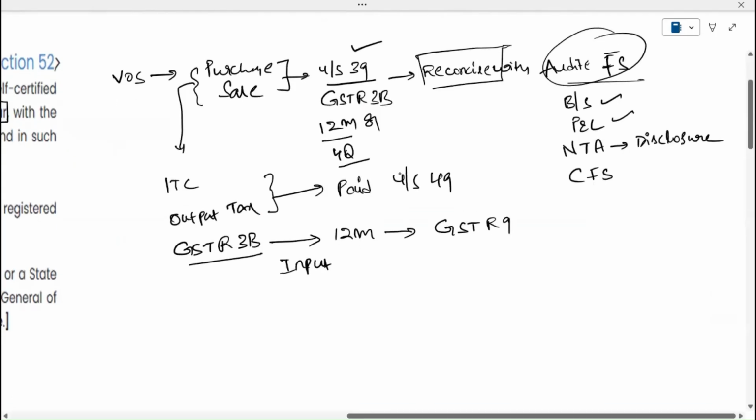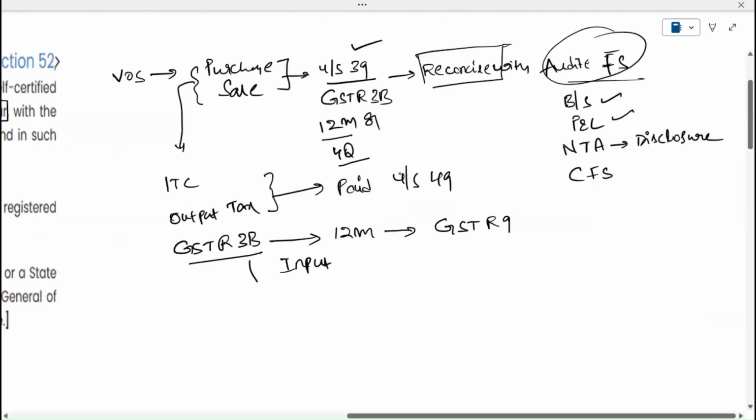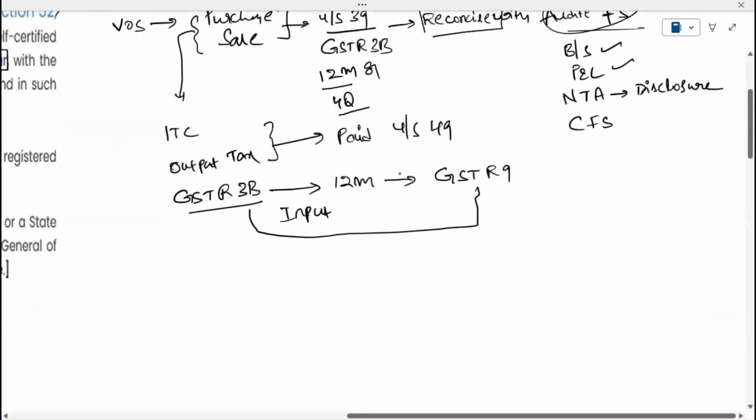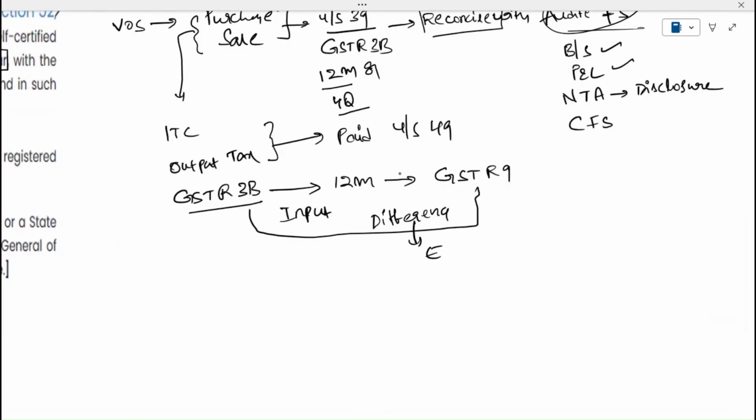In case there is a difference between GSTR 3B and GSTR 9, the difference I need to explain through GSTR 9C. This is what they are asking us to do with respect to annual returns.